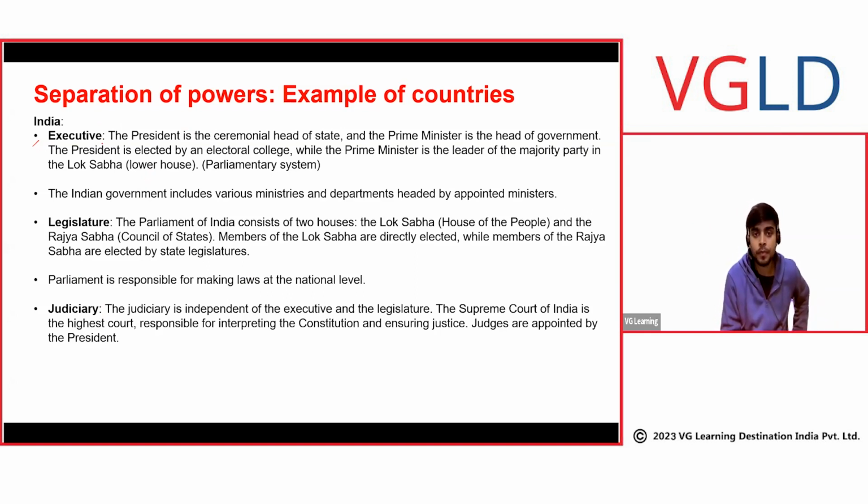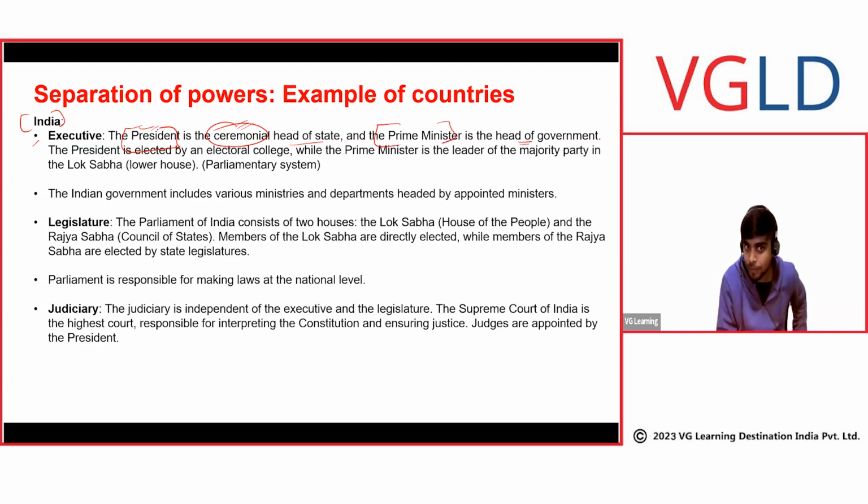Okay. So, executive. In India, we have basically president as a ceremonial head. Executive will have a head as a state. But in India, we have president as ceremonial state, and prime minister will be the head of the government.